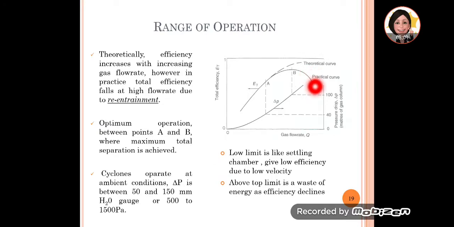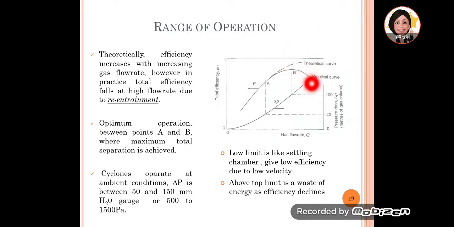So what does re-entrainment mean? When it's operating between A to B, that is the max optimum operation, wherein the dust is separated to the bottom and the gas flows to the top.